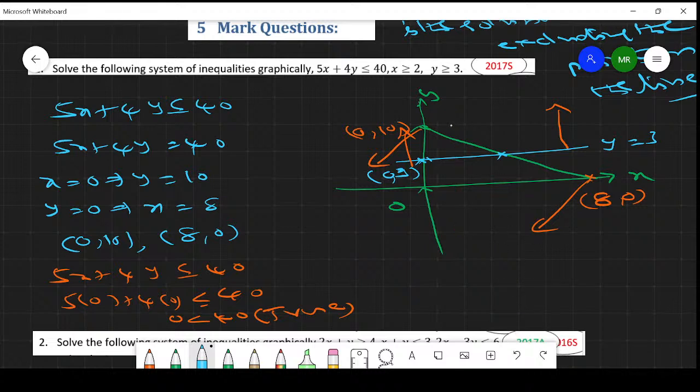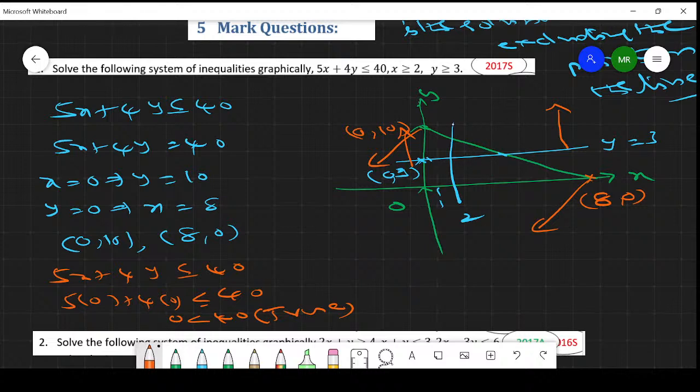See the vertical line, be careful here. Let it be this vertical line I got in the graph sheet. For example, this is 2, this is 1. Like this, we draw like this. They told greater than or equal to means towards right side.